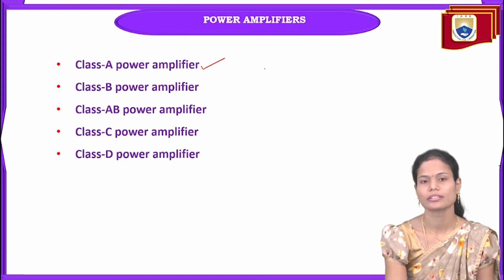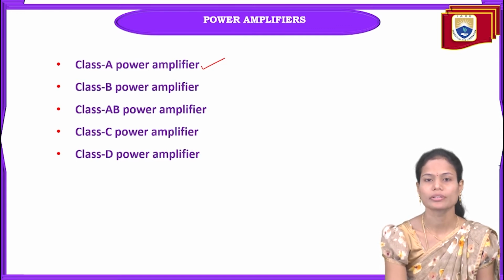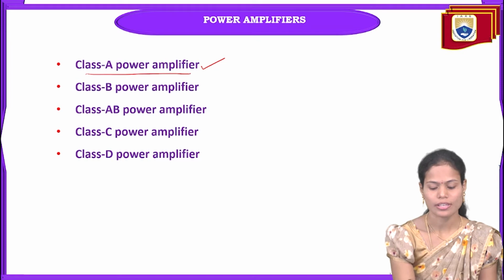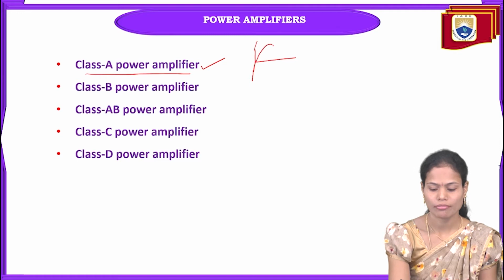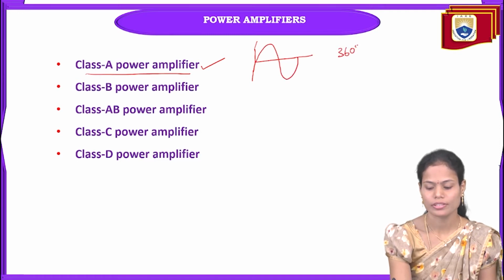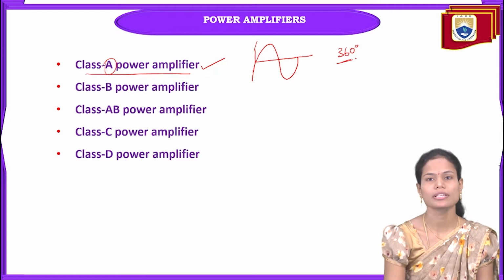Even though we have single-stage and multi-stage amplifiers, we go for power amplifiers in order to improve the power level of the signals, or indirectly the voltage and current levels of the signal, to a high extent, so that we can run the required practical applications with high-frequency signals. A Class A power amplifier utilizes the total applied input signal for amplification, that is, one full cycle of the signal, 360 degrees.